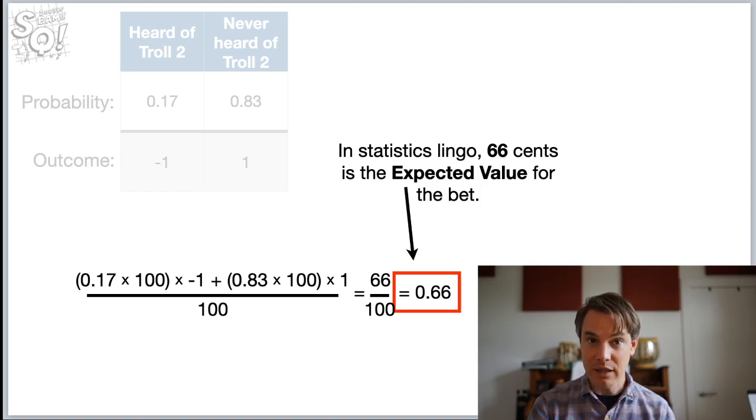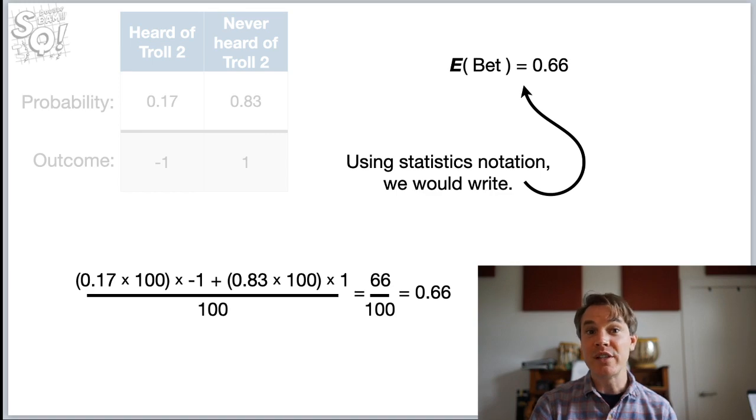In statistics lingo, 66 cents is the expected value for the bet. Using statistics notation, we would write E of the bet, or the expected value of the bet, equals 0.66. So that's how you notate that.